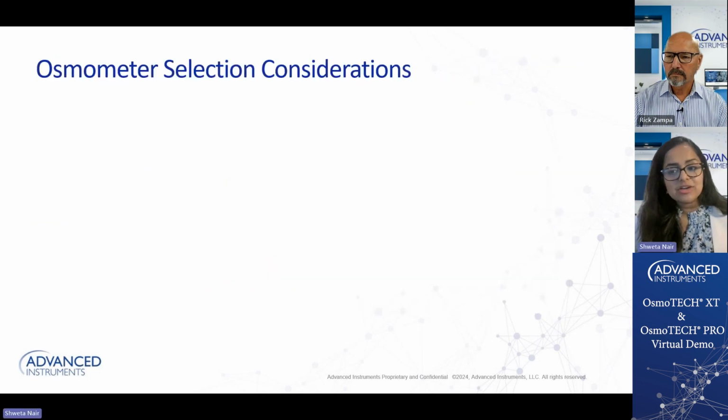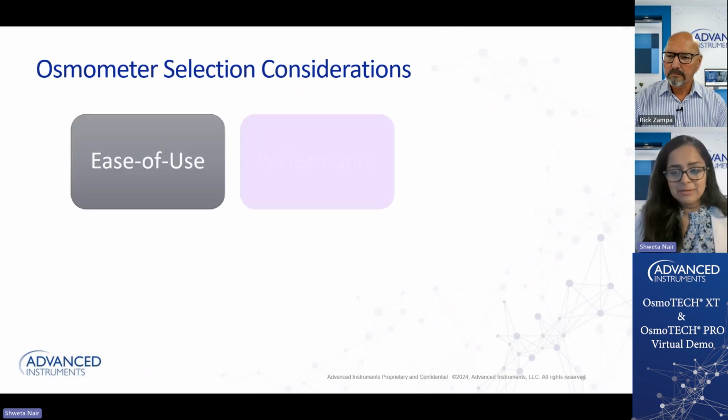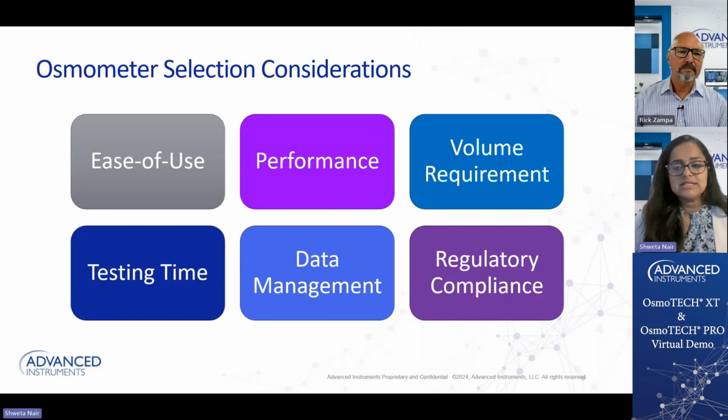Now, when it comes to selection of a new osmometer for your lab, there are definitely some questions that you're looking to get answered, and some features you may want to consider, and these are not in any particular order. Is the testing process simple? Is the instrument accurate and reliable? How much volume does it take to run a sample on these instruments?